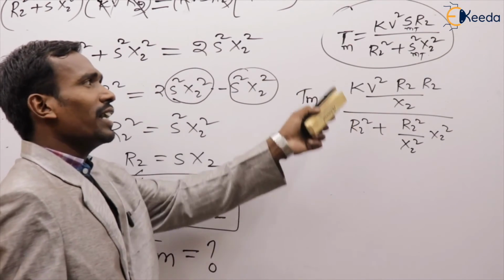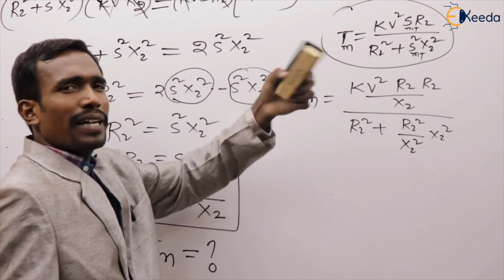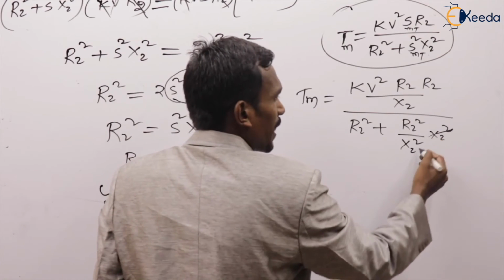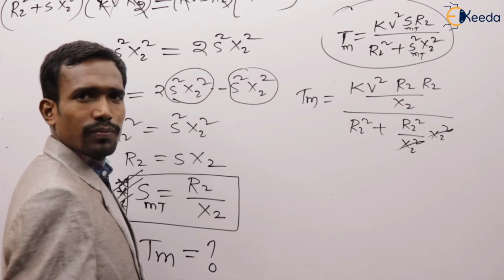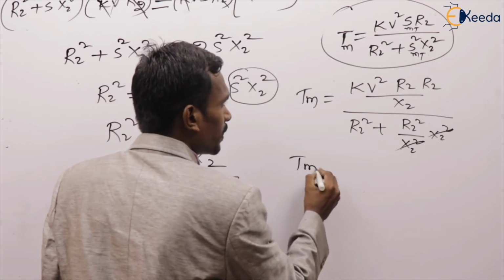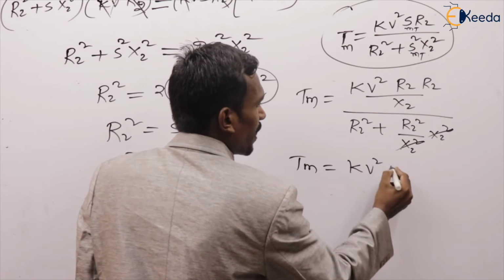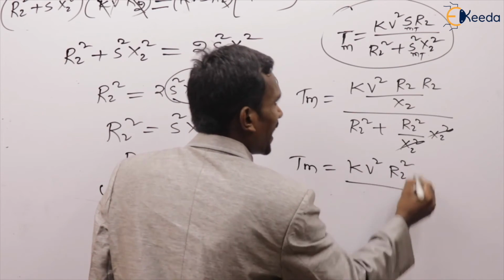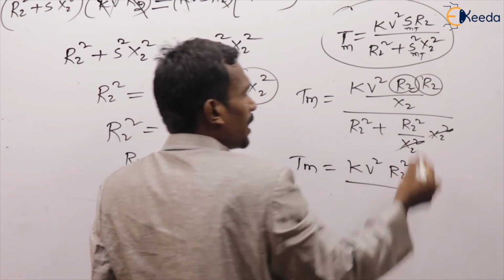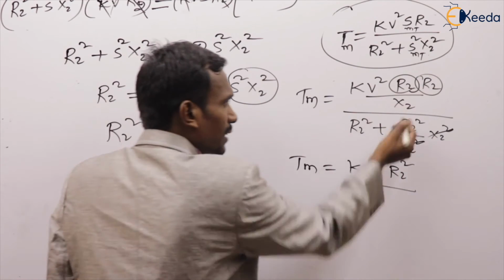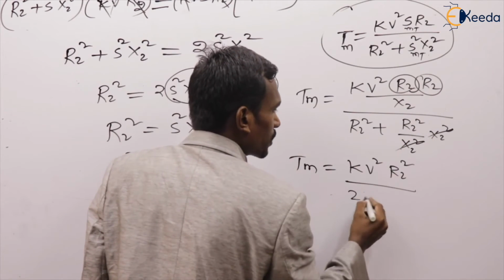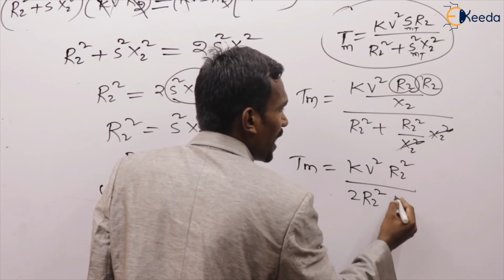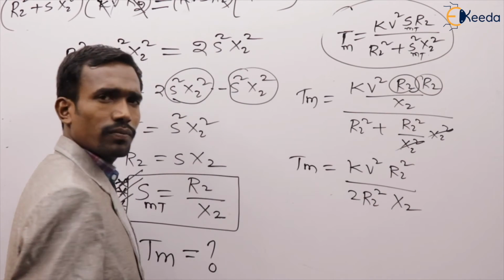I just substituted SMT equal to R2 by X2. This X2 square gets cancelled out. So Tm is equal to Kv square into R2 into R2 square divided by R2 square plus R2 square, 2R2 square into X2.